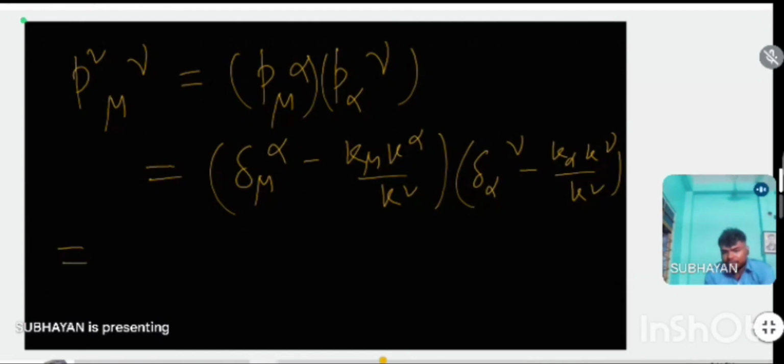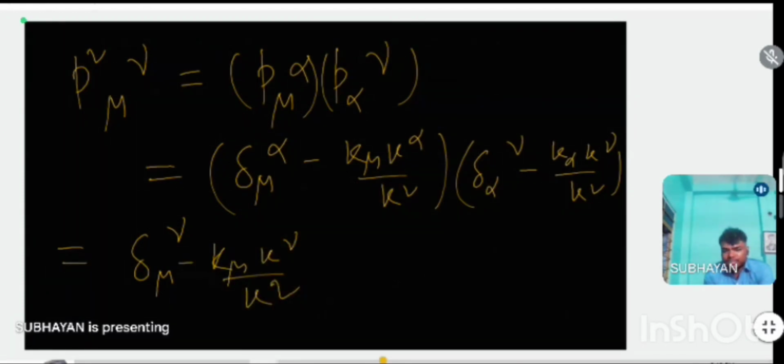Kronecker delta mu alpha and Kronecker delta alpha nu, alpha and alpha will contract, and after contraction you have Kronecker delta mu nu. Then Kronecker delta with this term: there was an alpha at the contravariant rank and here it is covariant rank. This will contract, so you have minus k mu k nu by k square.